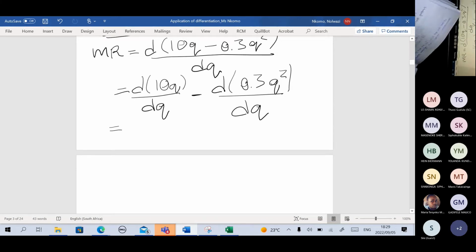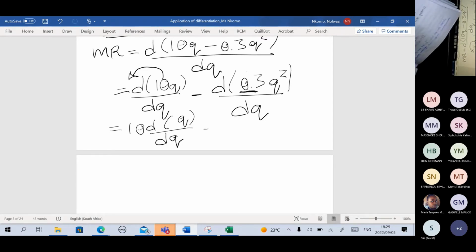You can take out the coefficient outside the derivative. So this is equal to 10, the derivative of Q with respect to Q, because we take this 10 to the side. And again, here we can take out this 0.3.